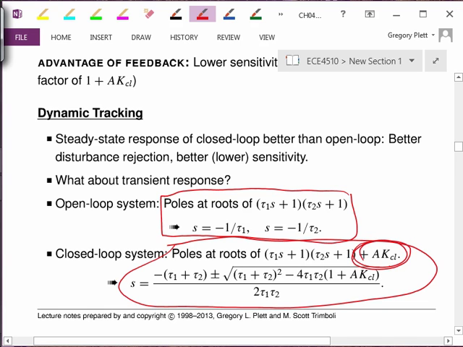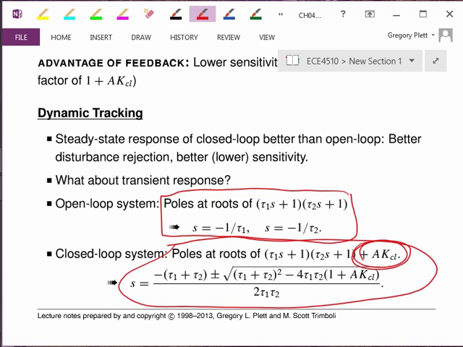And we can expand that out, and then we can use the quadratic rule to look for the pole locations, and here is what it is. But we really can't go much farther than that without having numeric values of tau 1 and tau 2 and A and KCL.